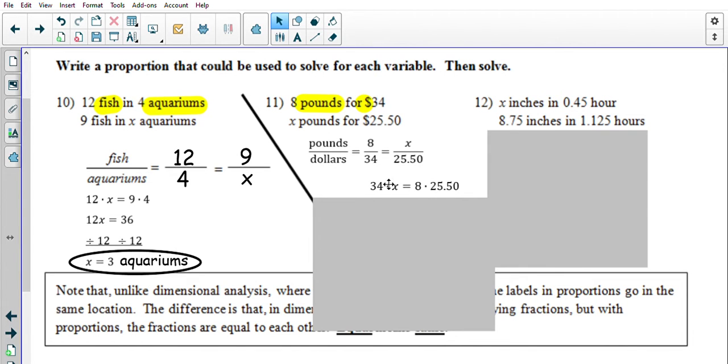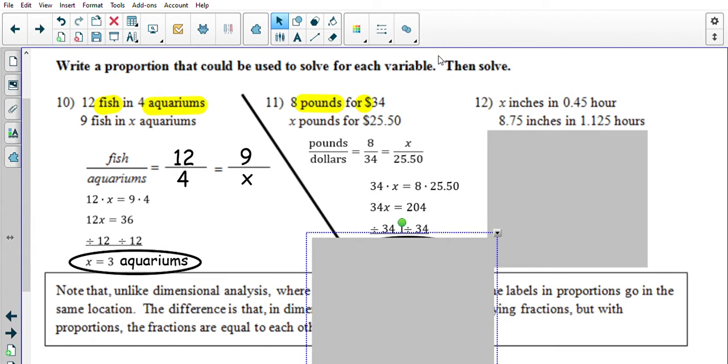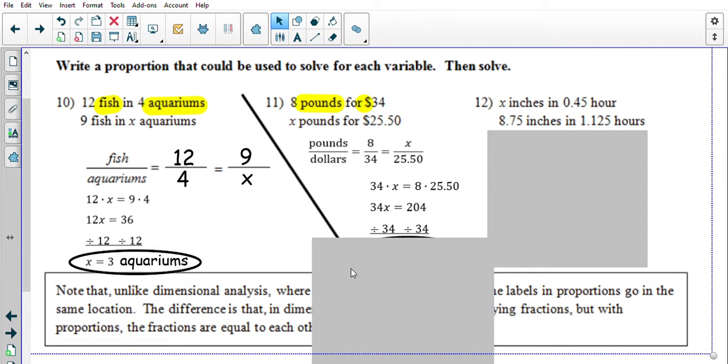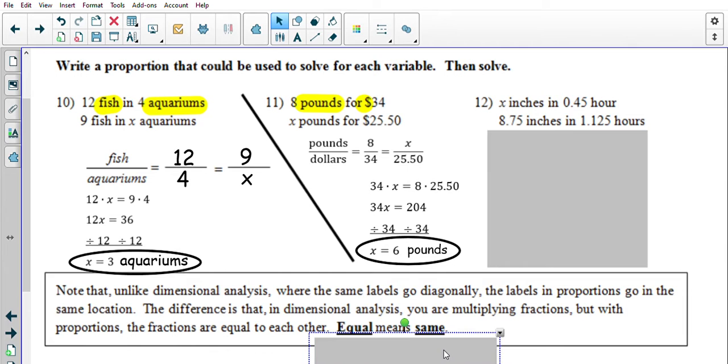Now, if you want to skip this step and go right to the next step, which is 34X equals 204, I'm okay with that, as long as you know where the 204 comes from: it's 8 times 25.50. Divide both sides by 34. We get an answer of 6 pounds for this.